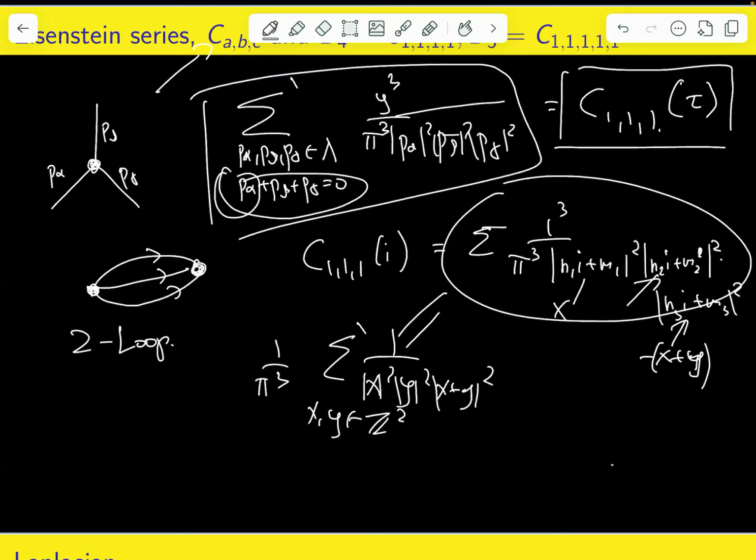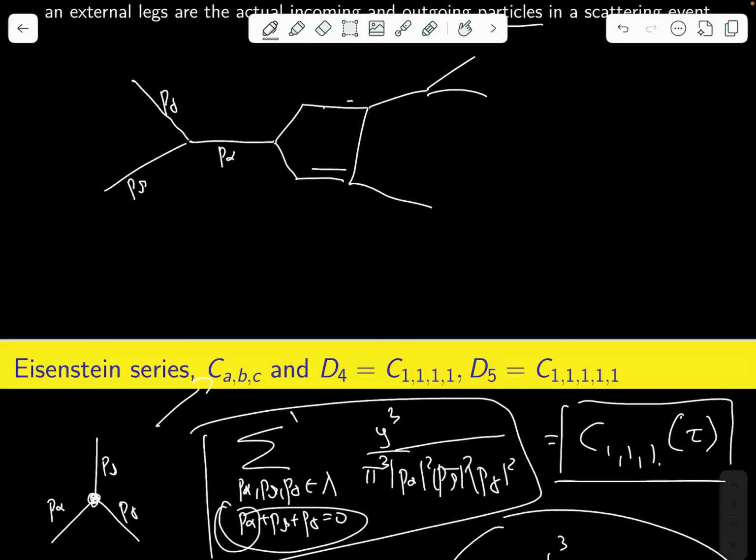And he computed it. He found that it's more or less a constant. So it does not depend on tau, actually. We will see later also what the dependence is. Well, we will see it later. So that's the content of the article.